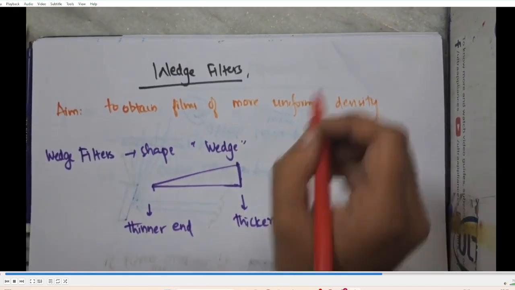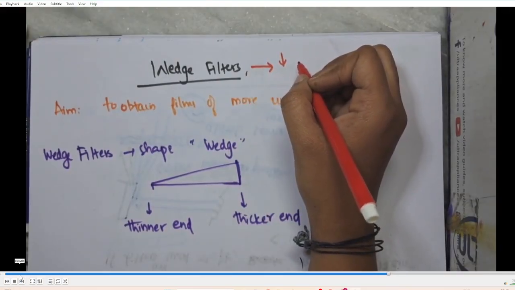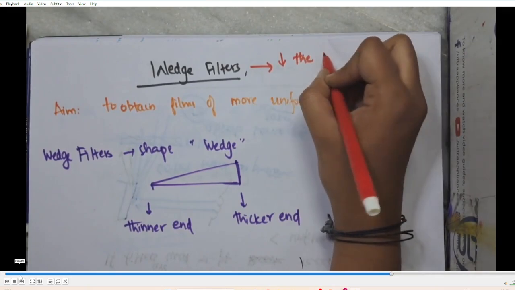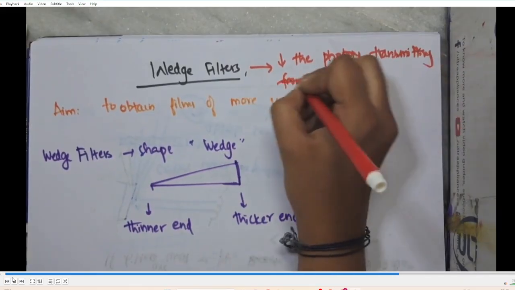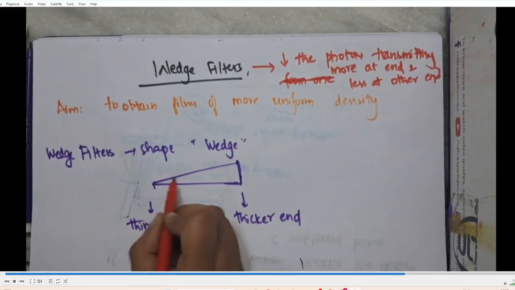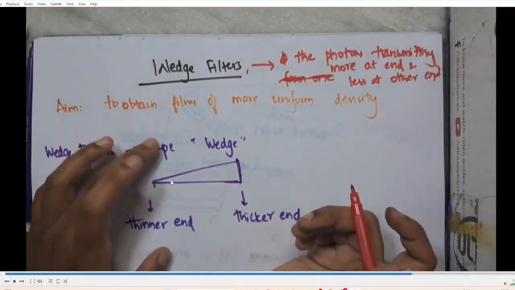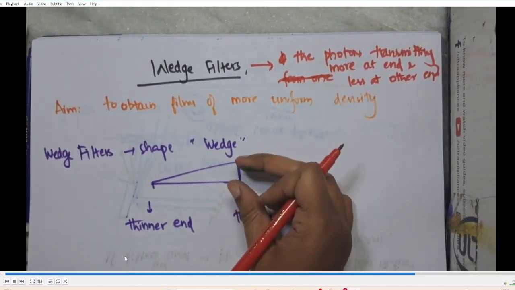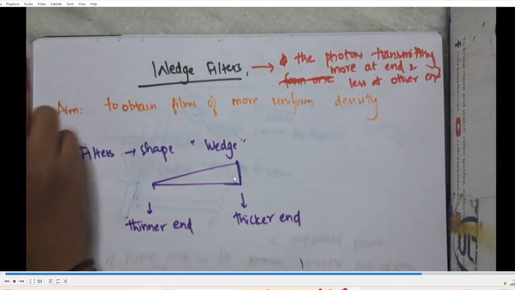These wedge filters will decrease the photons transmitted, more at one end and less at the other end. So we have to place the patient in such a way that the thicker end of the patient is towards the thinner side and the thinner end of the patient is towards the thicker side.